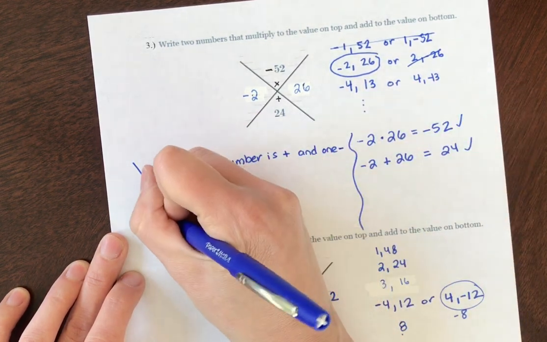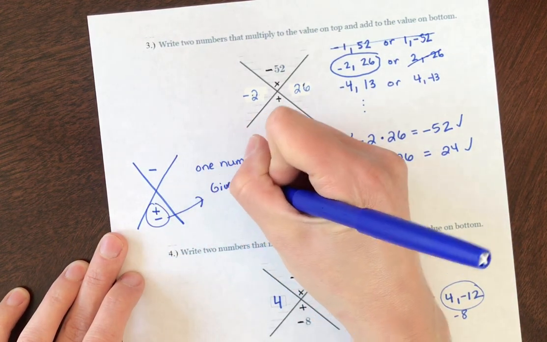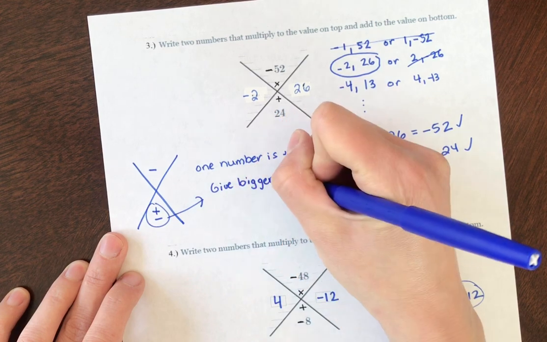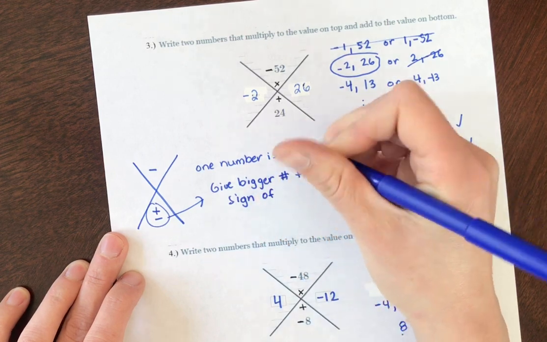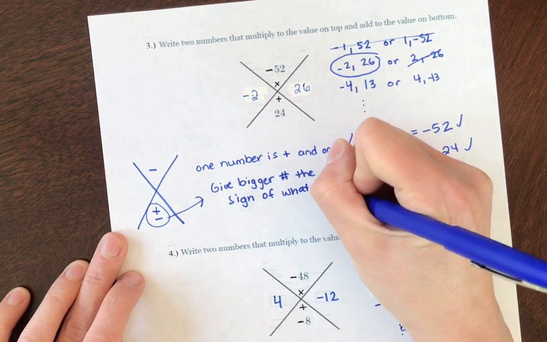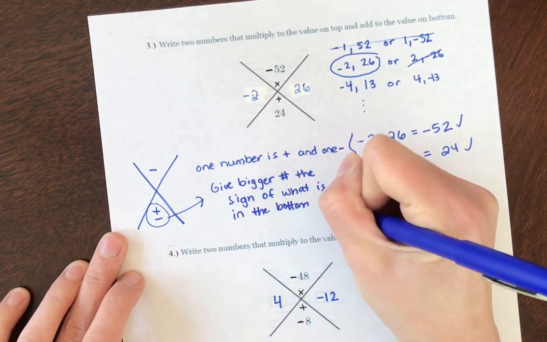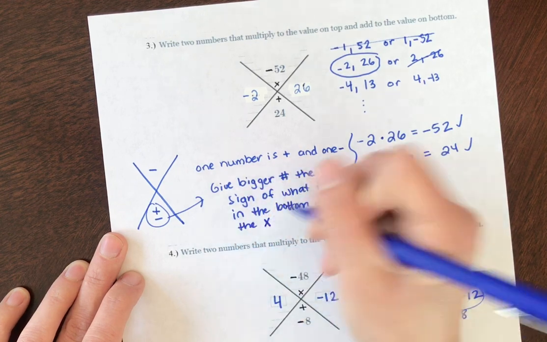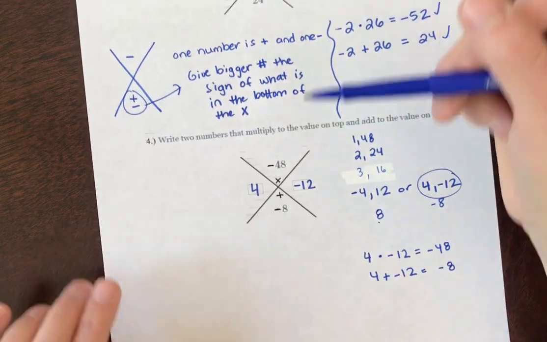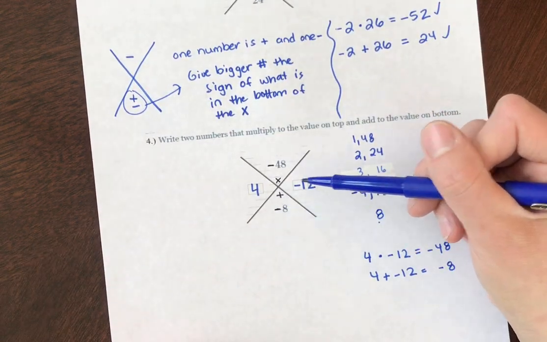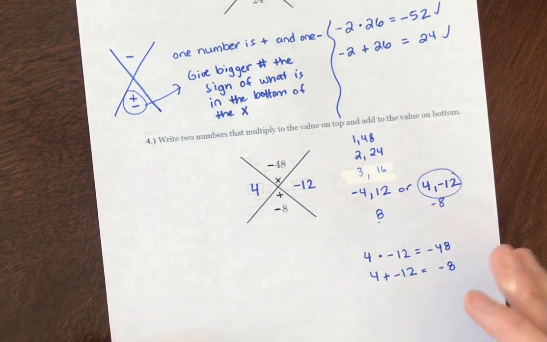And depending on what's down here, give the bigger number the sign of what is in the bottom of the X. If you want a positive number at the bottom, make sure your bigger number is positive. If you want a negative number at the bottom, make sure that original bigger value, like 4 versus 12, make the 12 negative so it gives its sign to the number at the bottom.